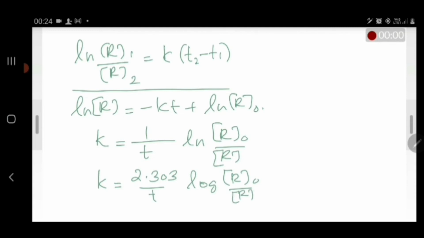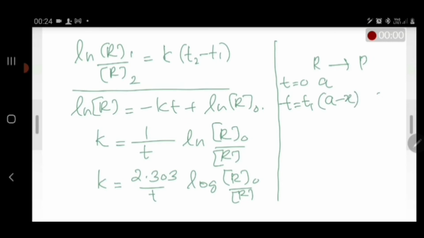And one more version you have to recall related to this is, suppose you take a reactant converted to product like this, and you are considering the initial time t is equal to 0. You can take it as A moles of reactant get converted to product. So the reaction has not yet started. After some time t is equal to t1, A will react. How much is going to react? X amount will react, X amount of product will get produced.